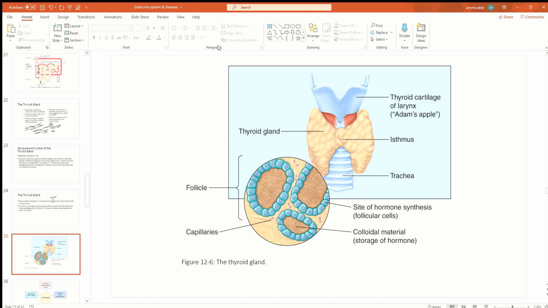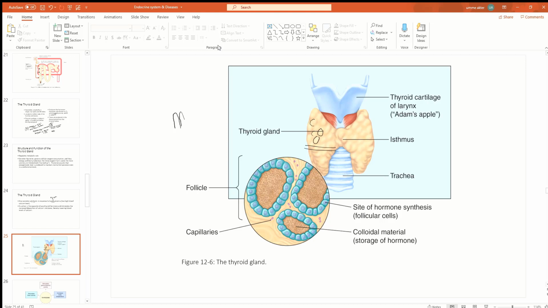So inside the thyroid gland you will see many follicles. From outside you won't see clearly. What happens if I cut the thyroid like this and see inside, I'll see many finger-like structures like this.